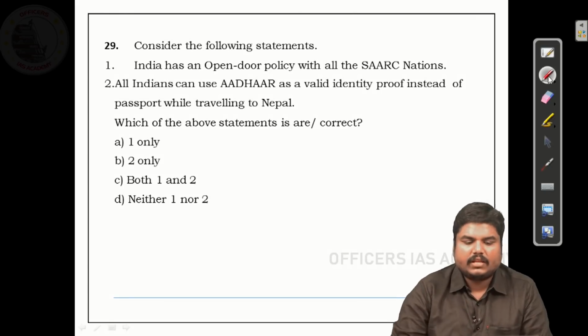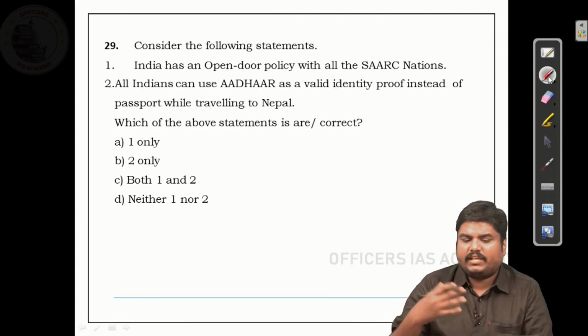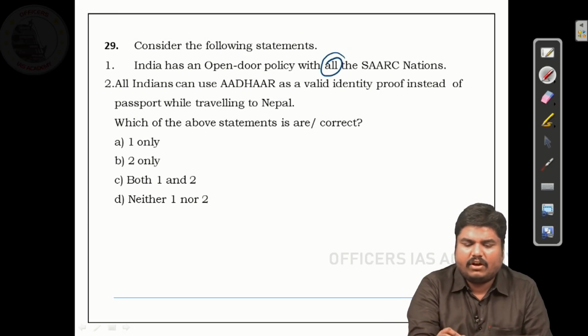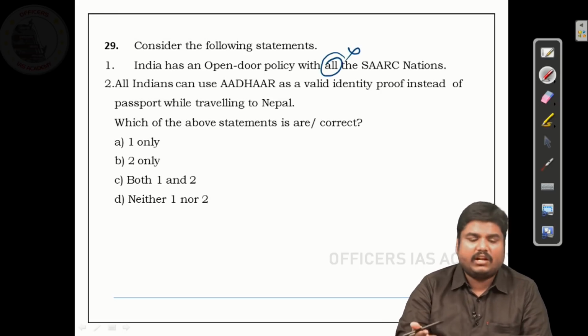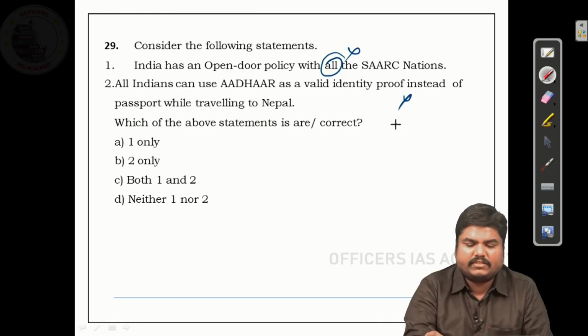29th question. India has an open door policy. That means with the countries where we have an open door policy, visas are not required for us to go to those countries. We are not having it with all SAARC nations, we are having it only with Bhutan and Nepal. So, 1 is wrong. All Indians can use Aadhaar as a valid identity proof instead of a passport while traveling to Nepal. That is a wrong statement.